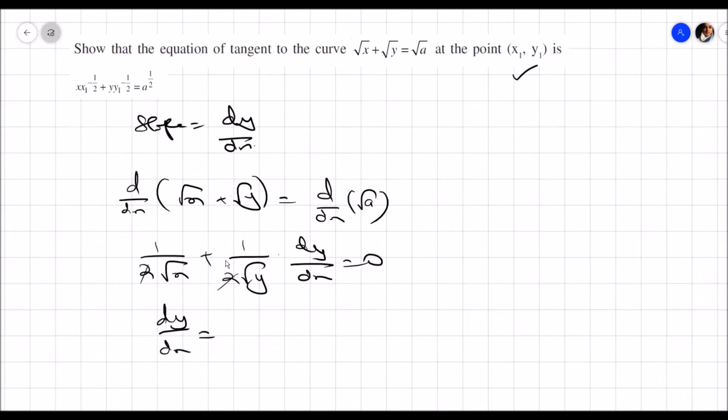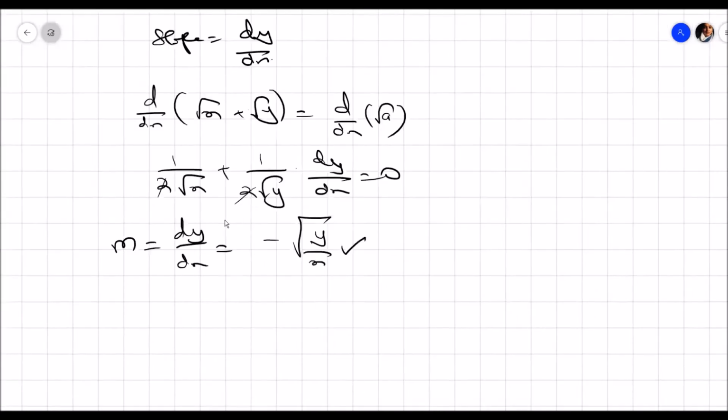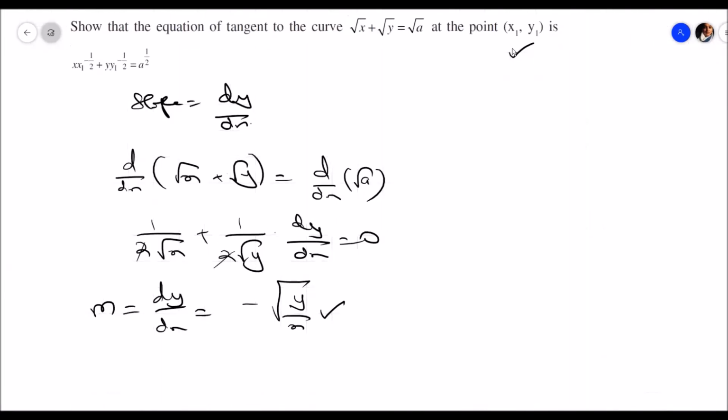Dy by dx is nothing but minus root of y by x. Okay, you have the derivative, which is the slope, of course, and you have the point, which is x1 comma y1. So I need the derivative at x1 comma y1, which is nothing but minus root over y1 by x1.